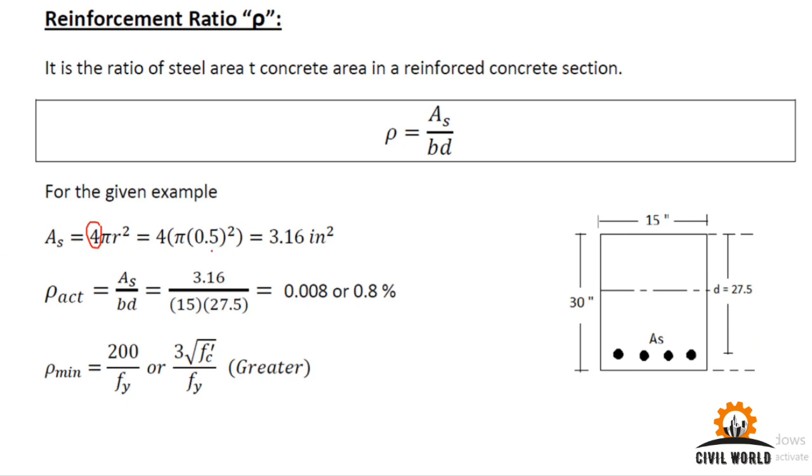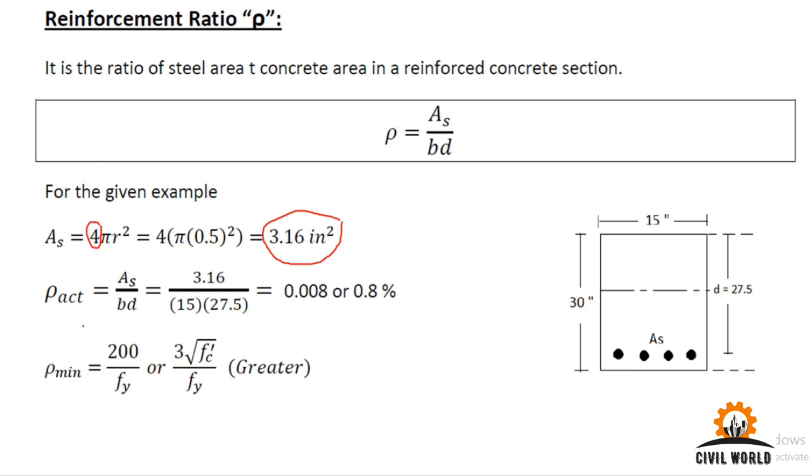Number 8 bar has a diameter of 1 inch and radius of 0.5 inch, so you can put in the value of radius in this equation, multiplying it by 4 because you have total 4 bars. So your total area in this case is 3.16 inch square.